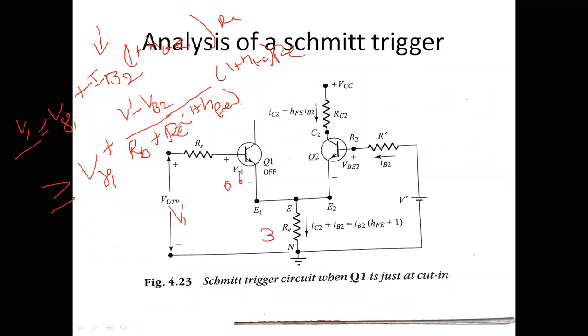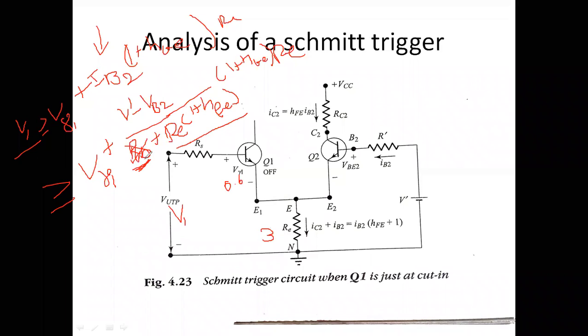This is the IB value which we found previously. If we assume this value is very large compared with the RB value, then we can neglect this value.